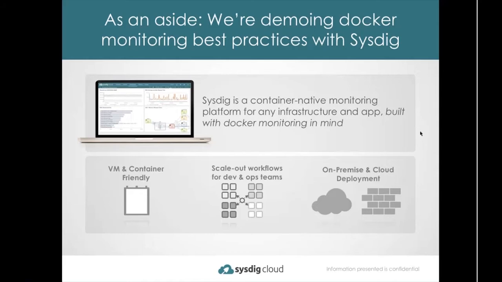We understand the basics of how containers work, and as a result, we can also monitor legacy VM and bare metal environments. You'll see VM and container friendly, scale out workflows across microservices for both dev and ops teams, and the product can be deployed on-premise or in the cloud.